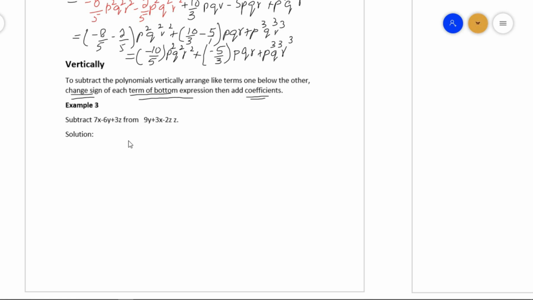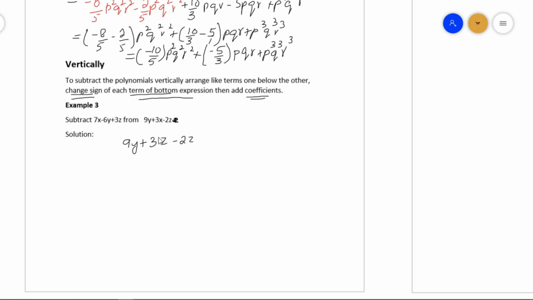So we will write the second polynomial first: 9y plus 3x minus 2z. Now we have to subtract this.